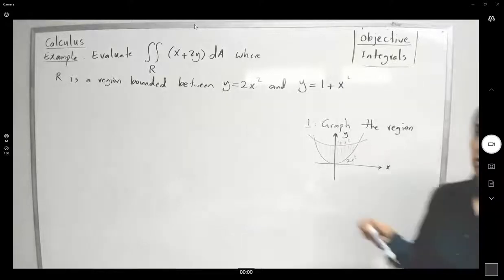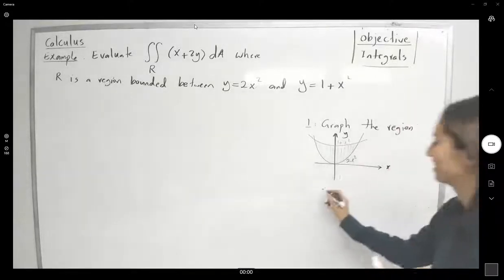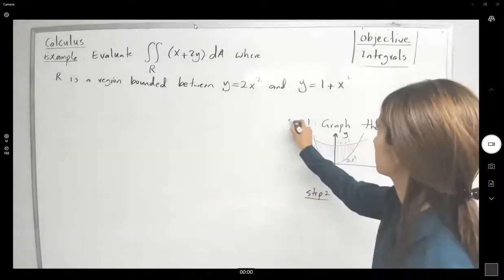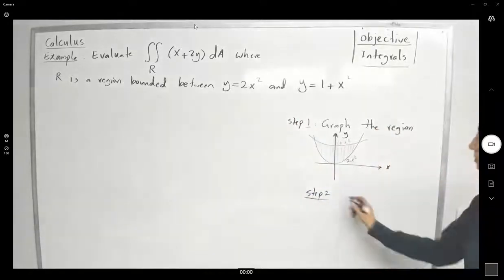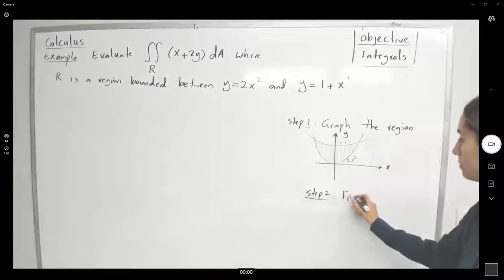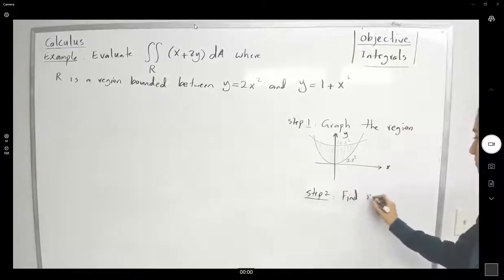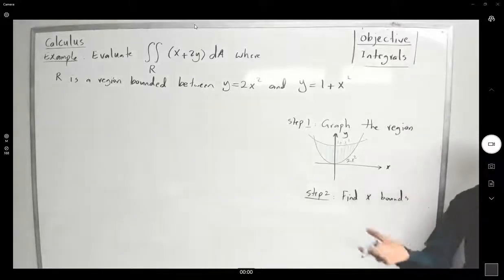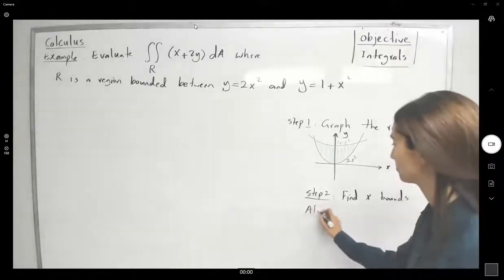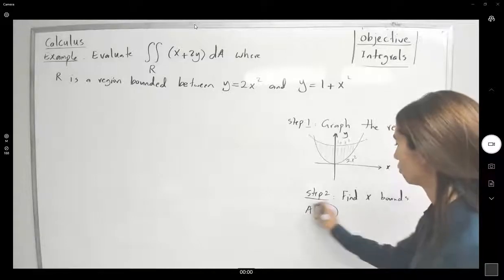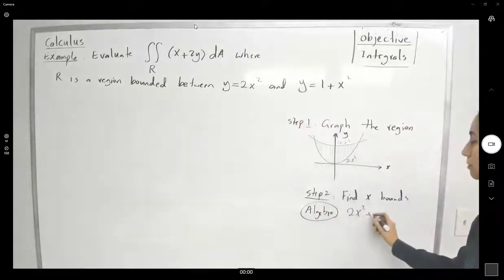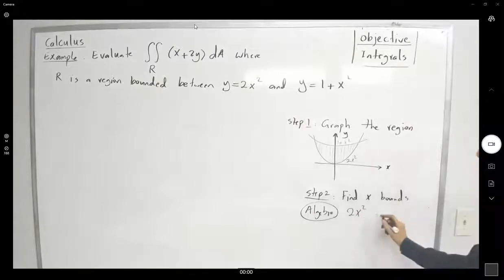So in step 2, we need to identify x boundaries. Find x bounds. To find x bounds, going back to algebra, set these two equal to each other. 2x squared is equal to 1 plus x squared.